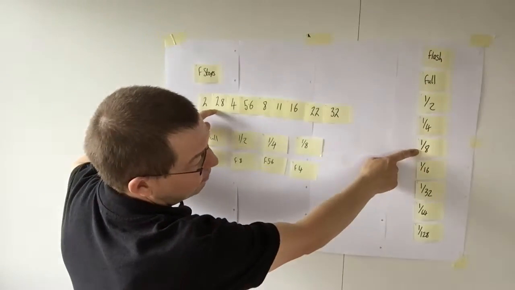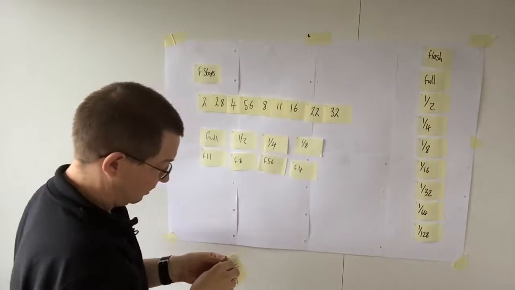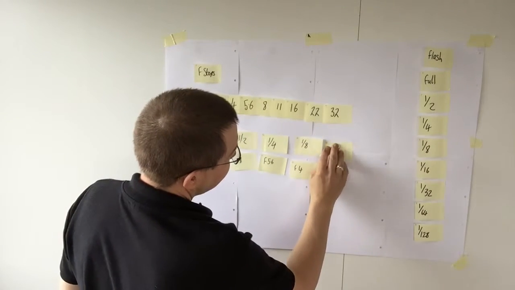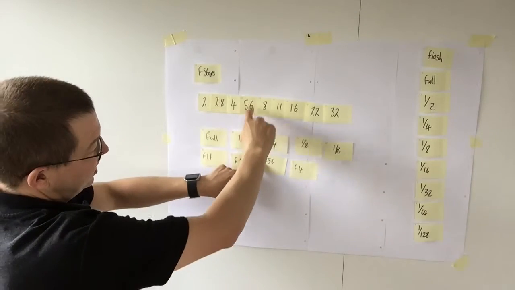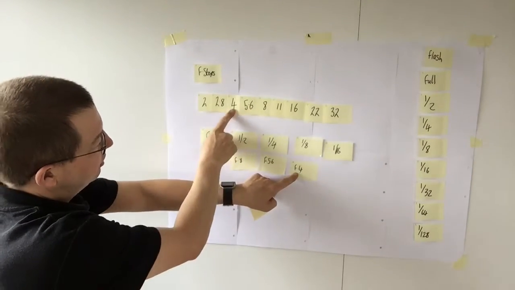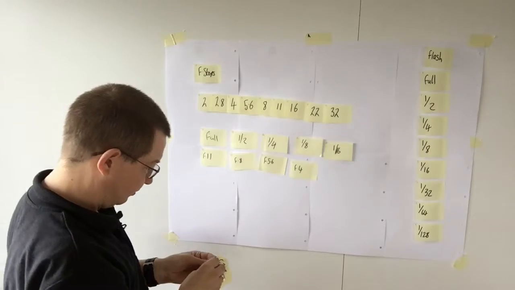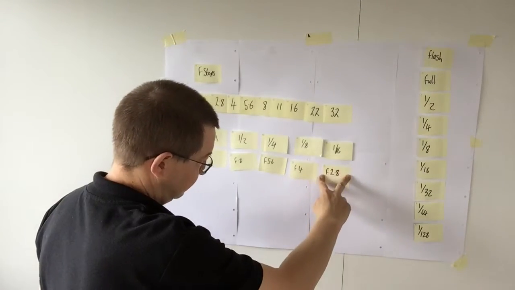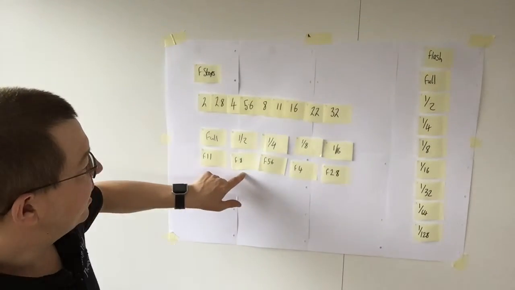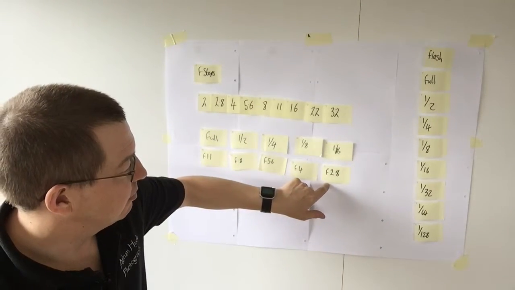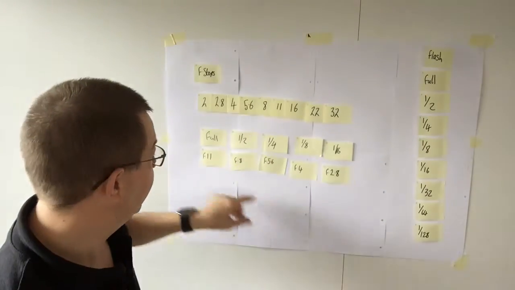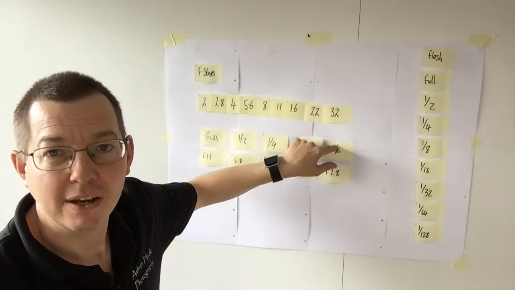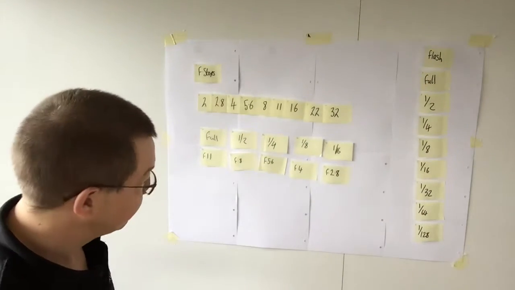So f8, half down, 1/16. With f5.6, f4, and now f2.8. As we go down here, the hole is getting bigger and the flash power is getting less. So it's a nice little balancing act.